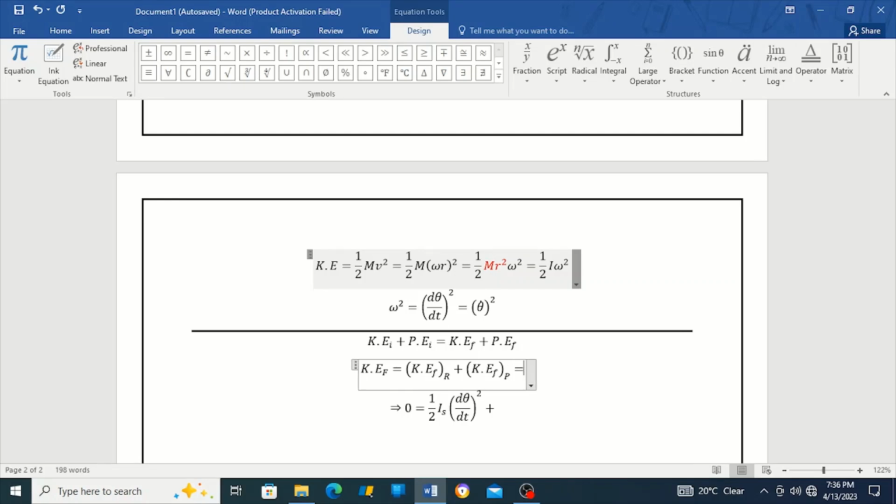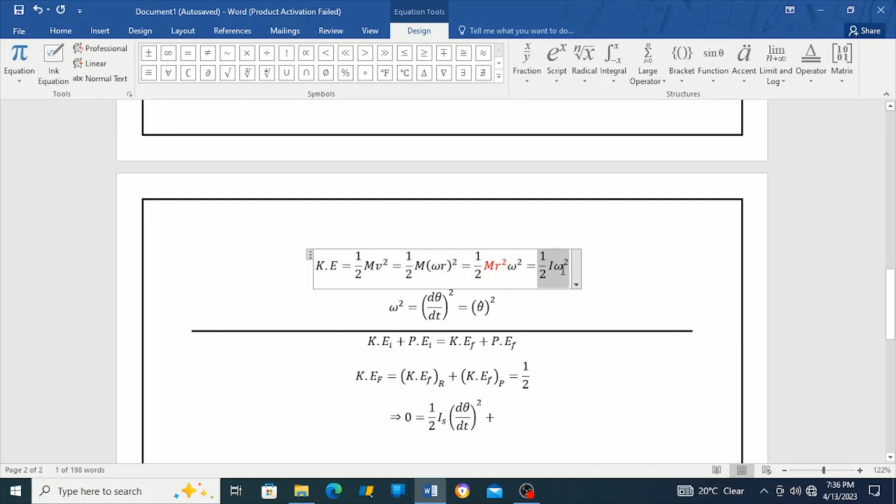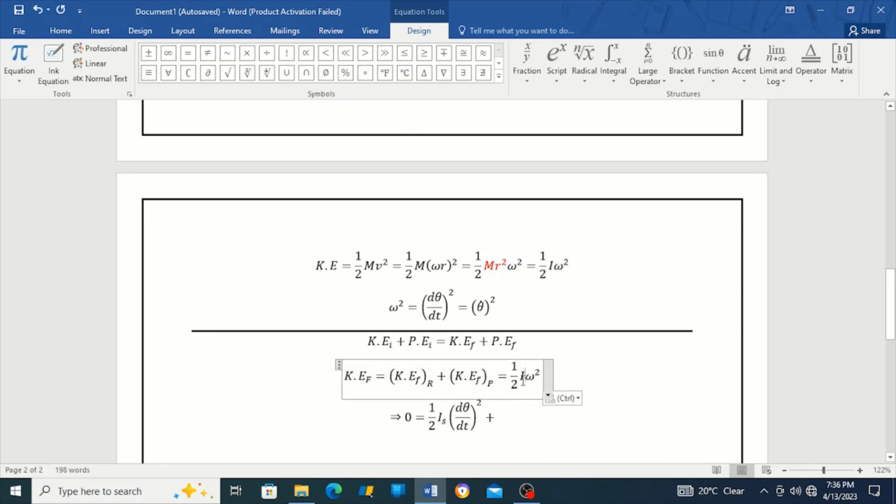Now we are going to have half times the moment of inertia of the rod, using this formula, and omega squared will be the same as the omega squared of the particle because both of them were attached together.